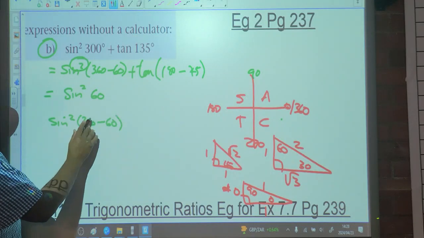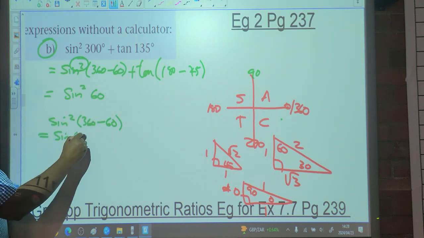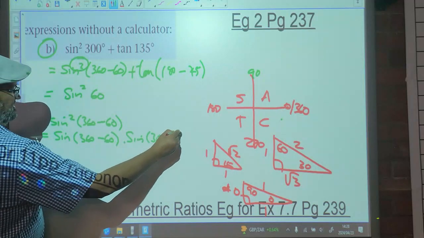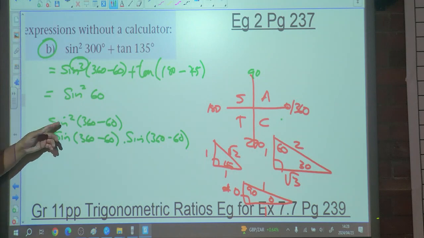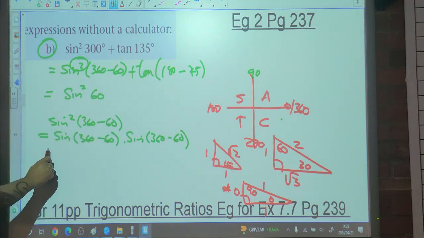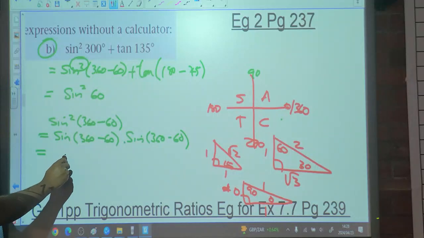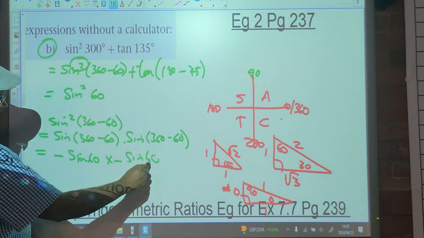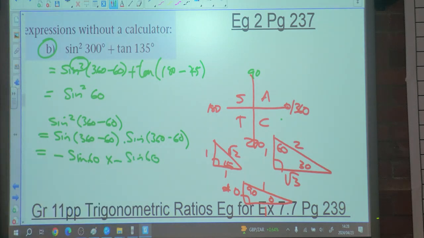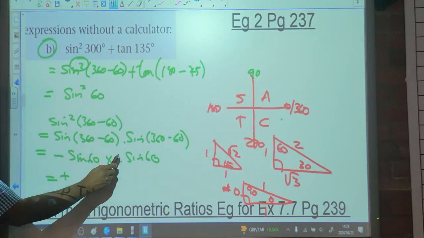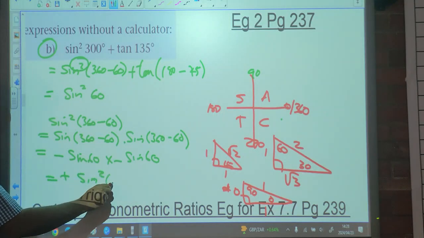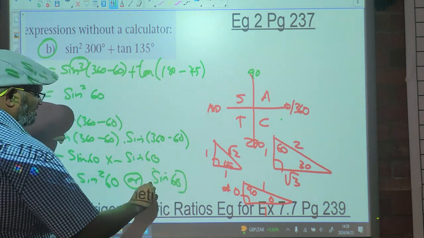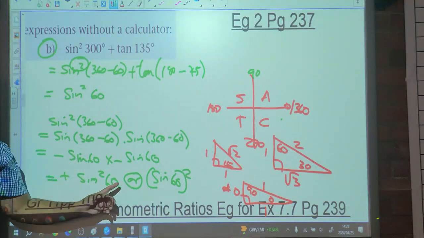It means sine of 360 minus 60 times sine of 360 minus 60. That is what it means when we say sine squared of 360 minus 60. So 360 minus 60 is in the fourth quadrant, so sine is negative: negative sine 60 times negative sine 60. What's negative times negative? Positive. Sine 60 times sine 60 is sine squared 60, or this can be written as sine 60 all squared. It's the same thing.